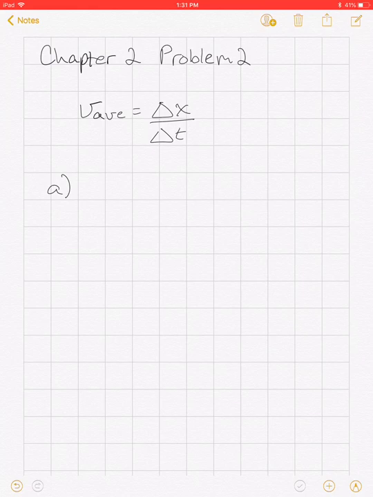So we're going to start with what are our givens. In this problem, it's on the way to grandmother's house. The total distance, so delta x, is going to be 100 miles. And then we're told that she drives half the distance at 40 miles per hour.